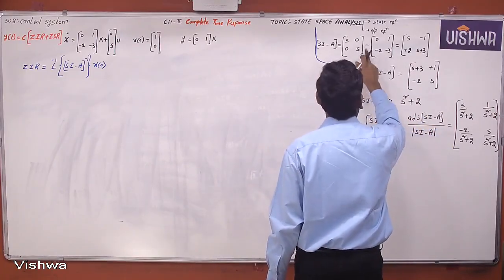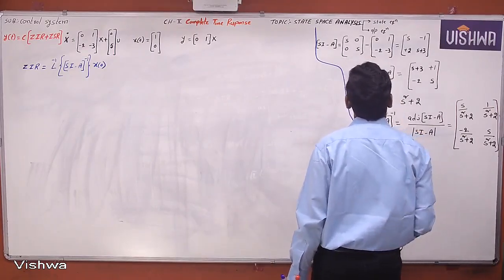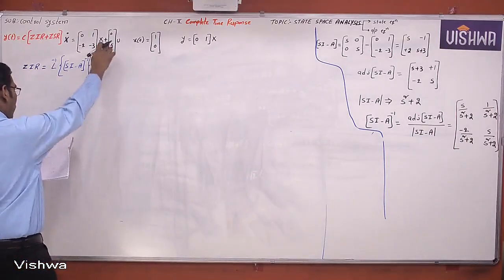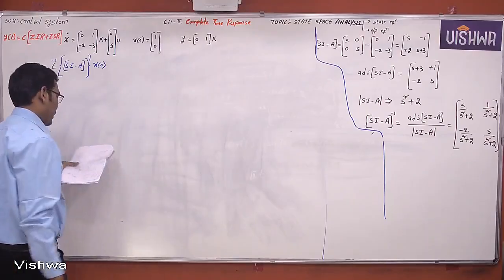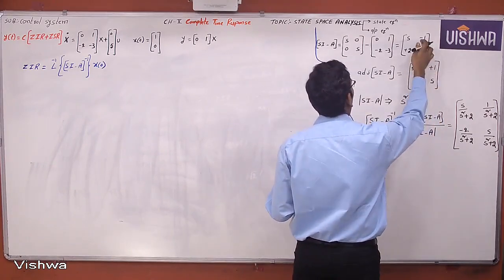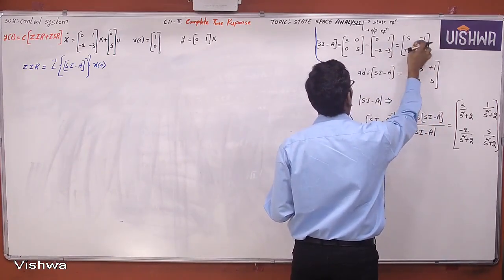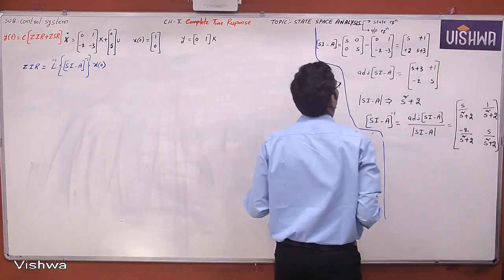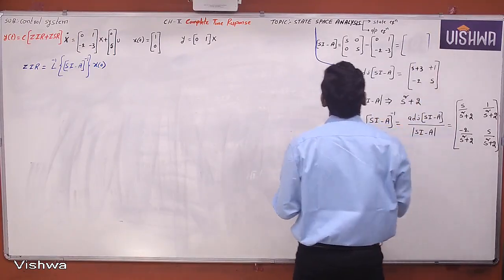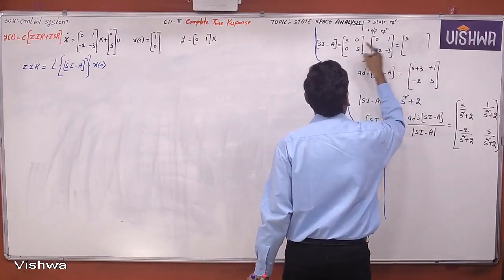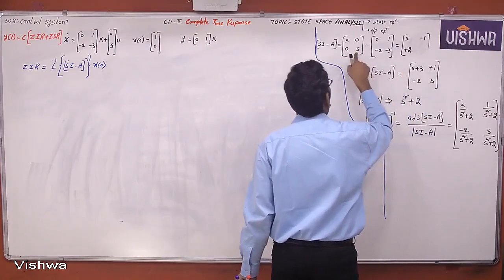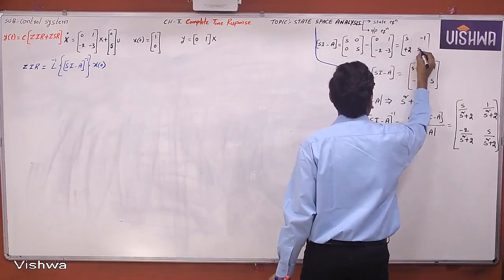This is the sI minus A matrix: s, minus 1, plus 2, and s plus 3.